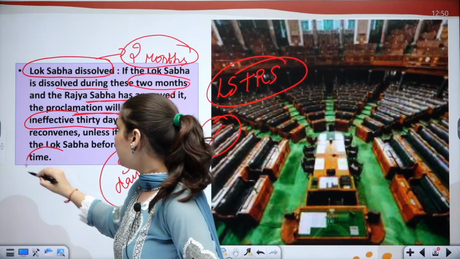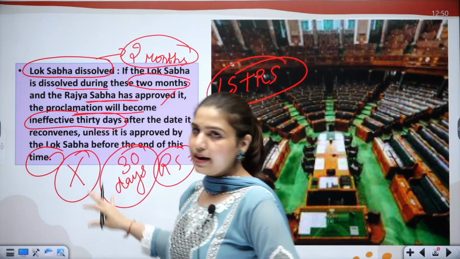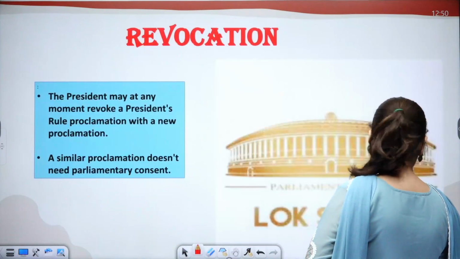Otherwise it would become ineffective or cease to operate. This is the condition if the Lok Sabha is dissolved.